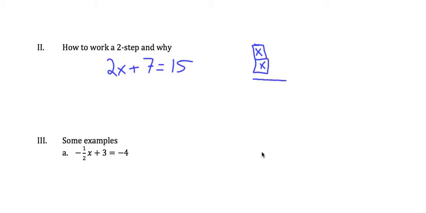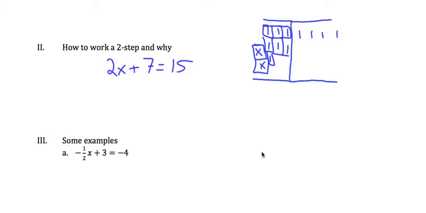What we've really got is two sides, like think of something that's balanced. Okay, so pretend this is a really terrible drawing of a scale. And we've got a bunch of little 1 cubes, and we've got 2 little x cubes over on the left side, and then we've got 15: 1, 2, 3, 4, 5, 6, 7, 8, 9, 10, 11, 12, 13, 14, 15.